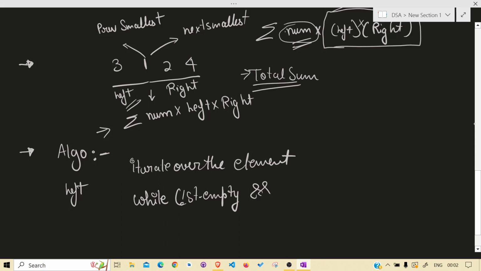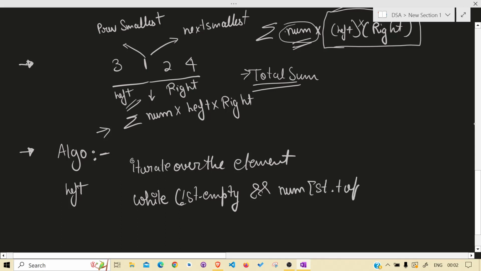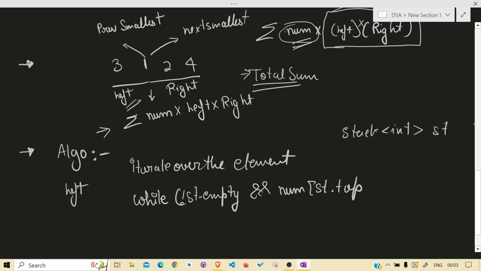Whenever the number is on top of the stack, in the stack we will be storing index, because it is easier to handle.